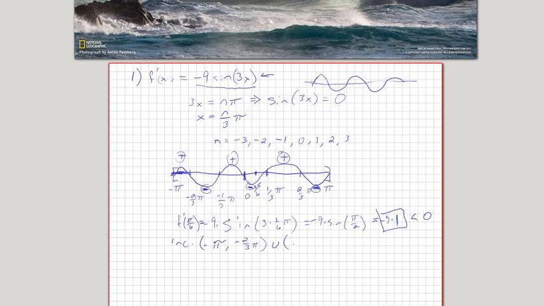I'm using the union notation, but you don't have to. If you want to separate these by commas, that's fine. Negative pi over 3 to 0. And from pi over 3 to 2/3 pi. And then decreasing on the others.